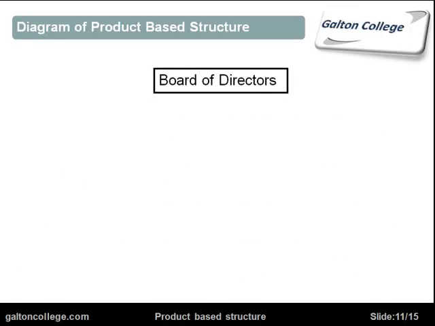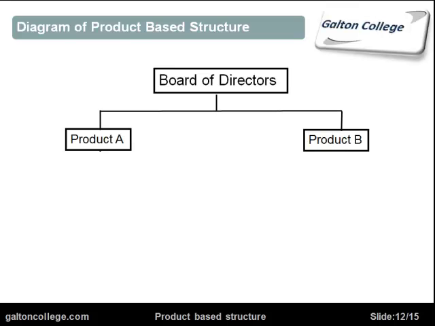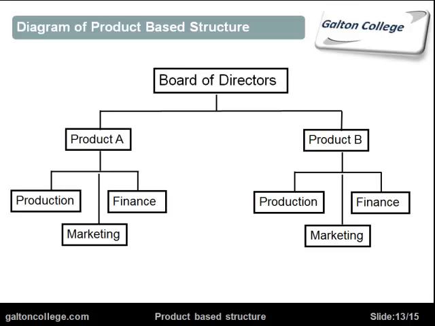Now let's have a look at what's meant by this. Well, we have a board of directors, and we have, let's say, 2 products, A and B, which belong to this company. In this case, with the product-based system, there would be 2 production facilities, one making product A and one making product B. But you'll note here that each of the facilities has got its own production, finance, marketing, HR.